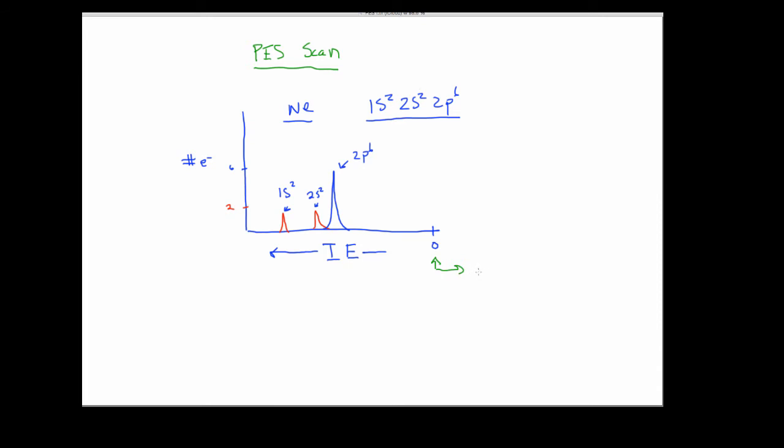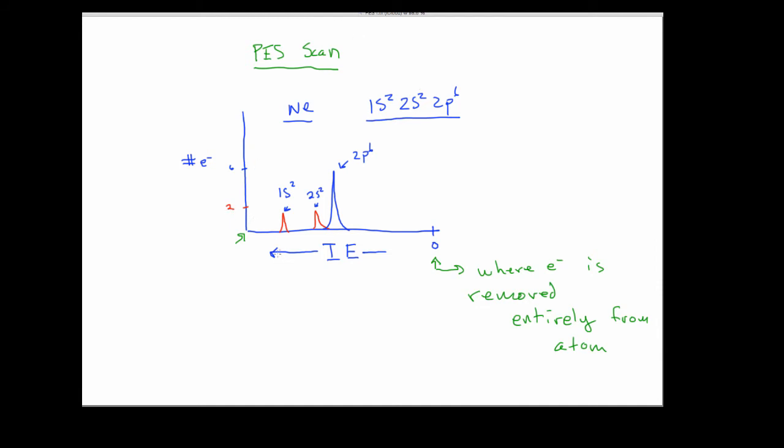This is where the electron is removed entirely from the atom. As we move towards this part of my axis over here, the ionization energy is increasing. The vertical axis tells us the number of electrons that have the corresponding ionization energies determined by the PES scanner itself, by the instrument.